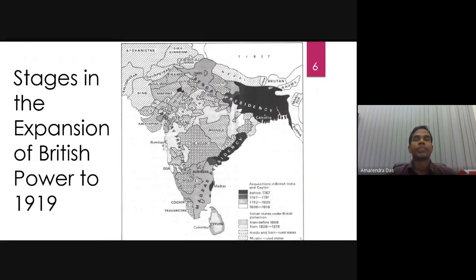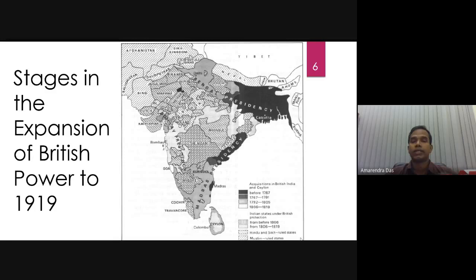Now, then the British came to India, and in different phases they started ruling different parts of the country. That is shown in this map, of how different parts were ruled by the British in different phases.